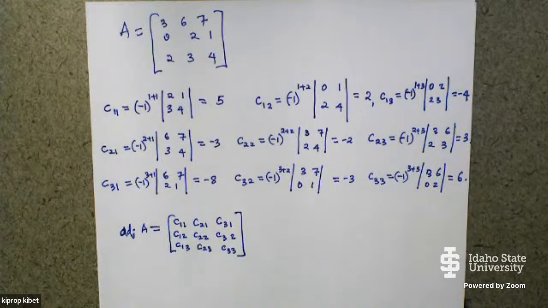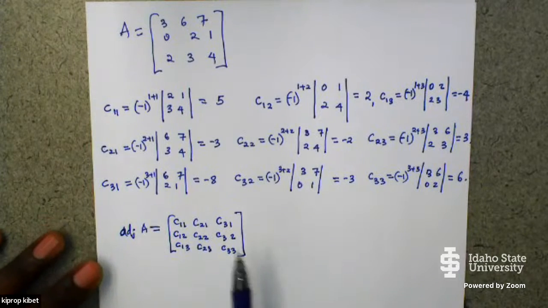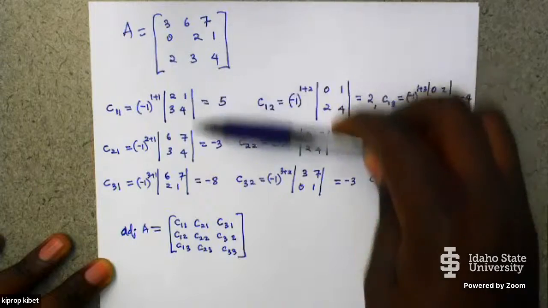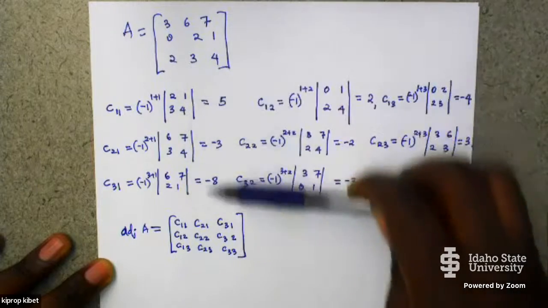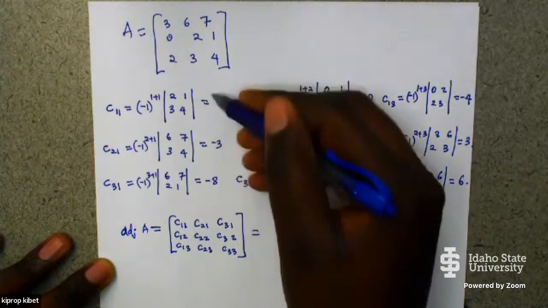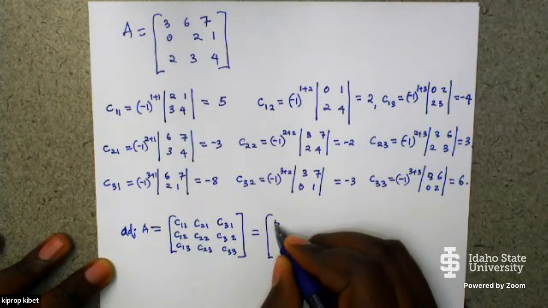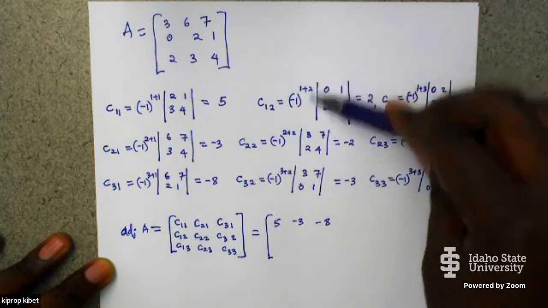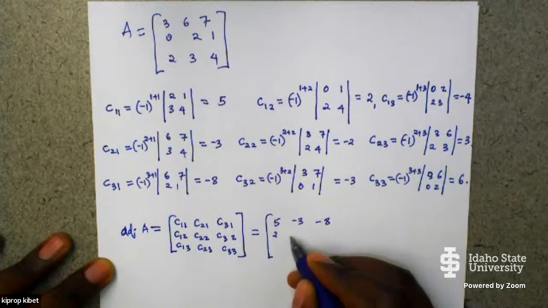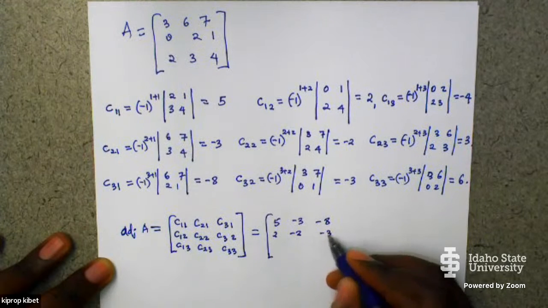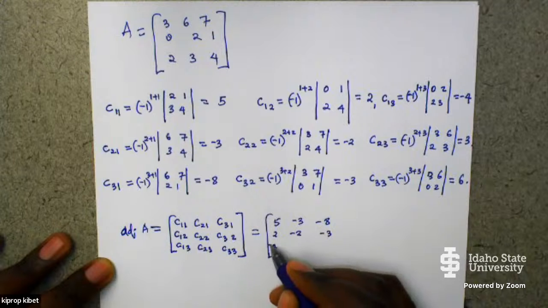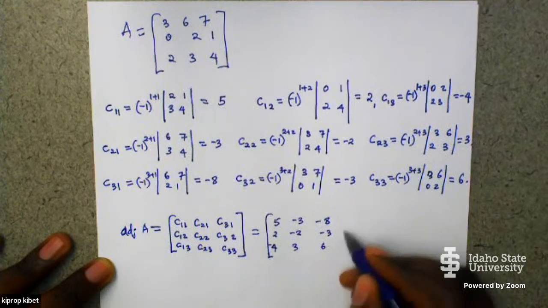Okay. So to easily get these, what you do, you take this one to be the first row. So which is equal to 5, -3, -8. Then you take this one to be the second row, which is 2, -2 and -3. And then you take this one to be the third row, which is 4, -4, 3, and then 6.